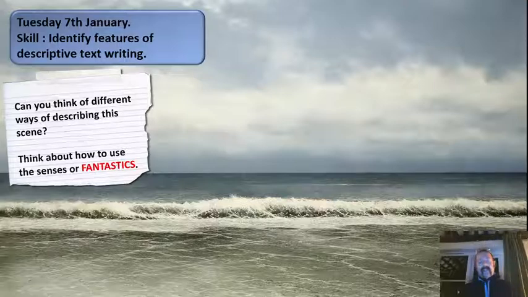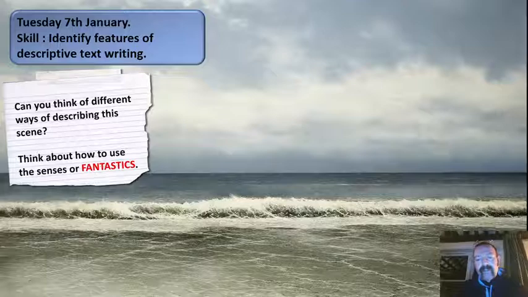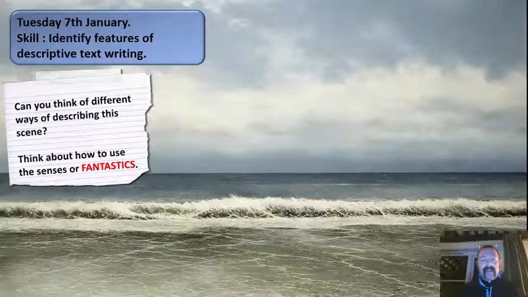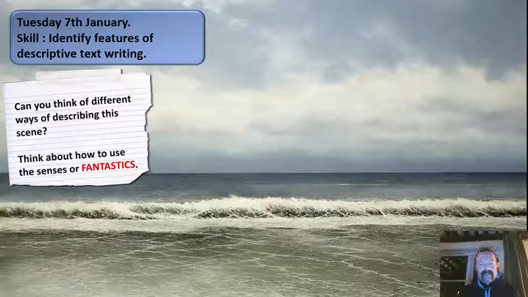This is a scene that might be familiar to you because we live on the coast. Just have a think. If you're at home, you might want to jot down some ideas. If you're in class, you can have a quick discussion. How would you describe this scene? Okay, so pause the video, have a bit of a discussion, and I'll get back to you in a moment.